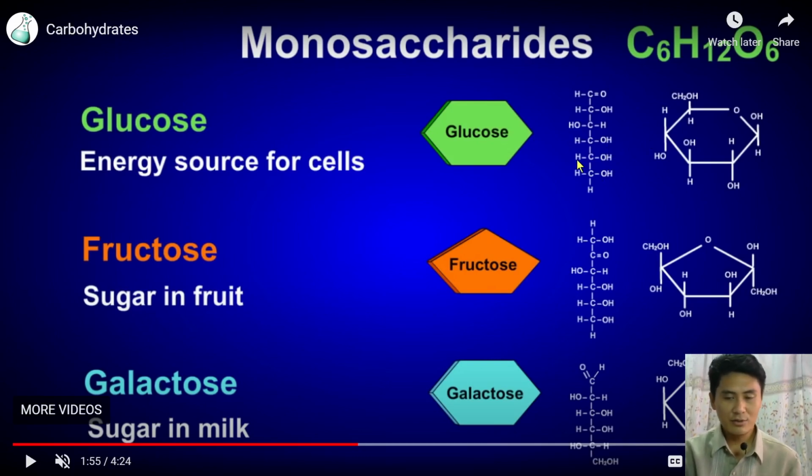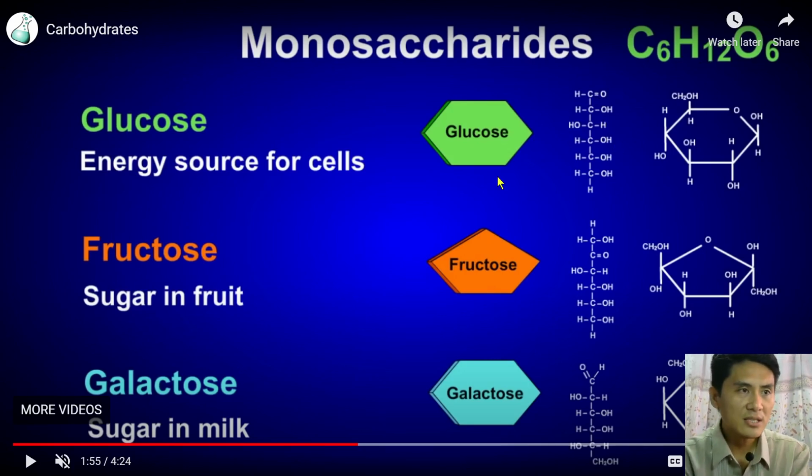You can have the dextrose version and other versions, but for high school biomolecular study, it is enough that we express that they could be in straight chain form and they could be in cyclical form. Now you can pause this video here and count the number of carbons, but you bet it would always be C6H12O6. There will always be 6 carbons, 12 H's, and 6 oxygens.